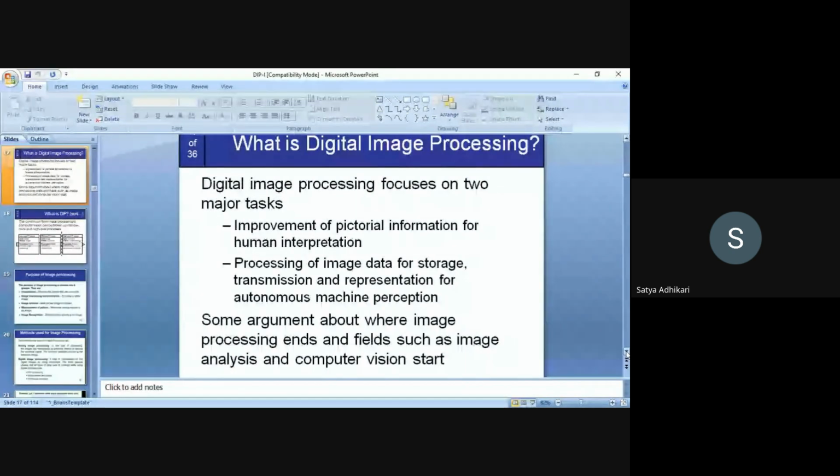Processing of image data for storage, transmission and representation for autonomous machine perception. हम स्टोर कर सकते हैं, सेंड कर सकते हैं इजीली, and a digital image can be sent. So these are the requirements for digital image processing.